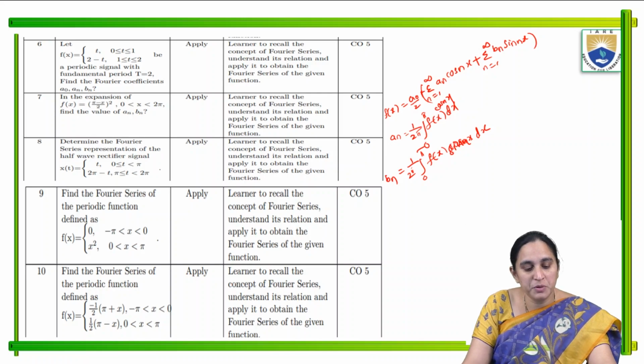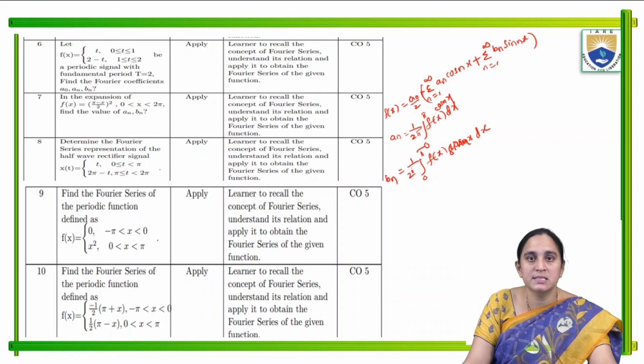And next, determine the Fourier series representation of the half wave rectifier signal, x of t is equal to t for 0 less than or equal to t less than pi, and 2 pi minus t for pi less than or equal to t less than 2 pi.